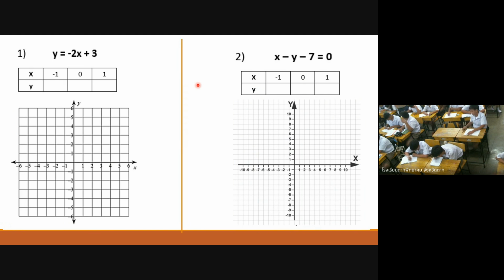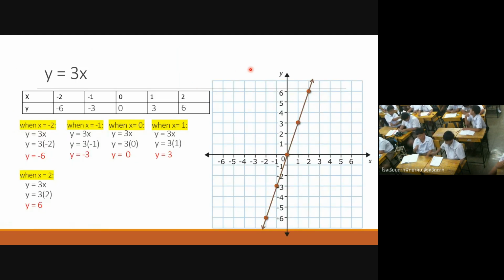The graph of a linear equation is a straight line. Again, when graphing, extend the line. Everyone, as I said last time, when making a graph, these are the points.